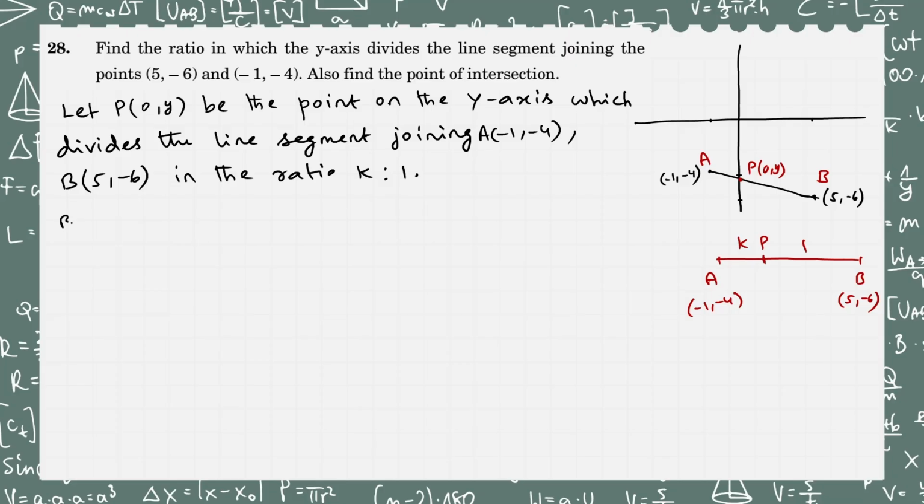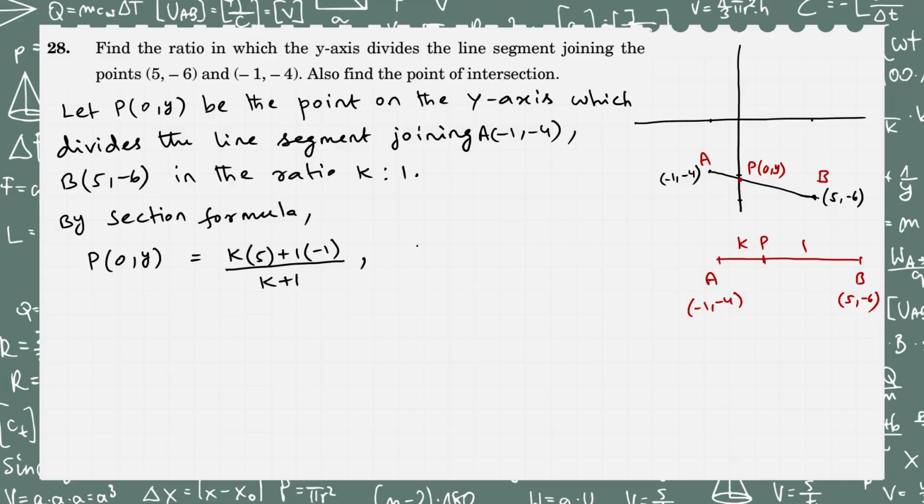By the section formula for the internal division, we can say P(0, y) equals (k into x value of B, which is 5, plus 1 into x value of A, which is -1, divided by k plus 1, comma k into y value of point B, which is -6, plus 1 into y value of point A, which is -4, divided by k plus 1).